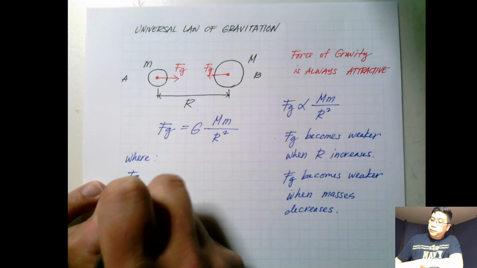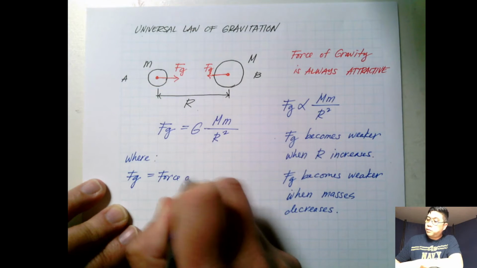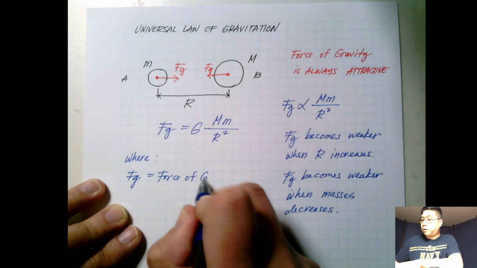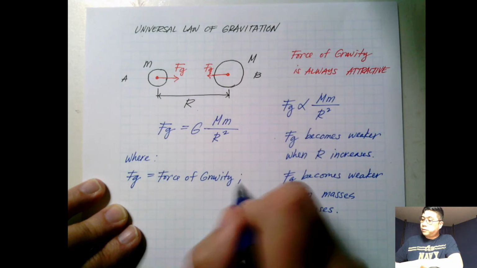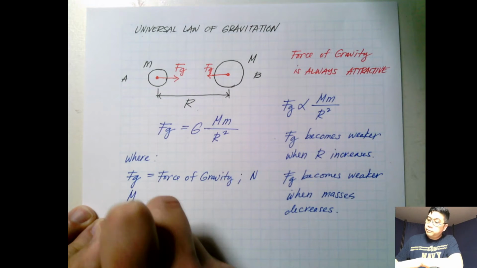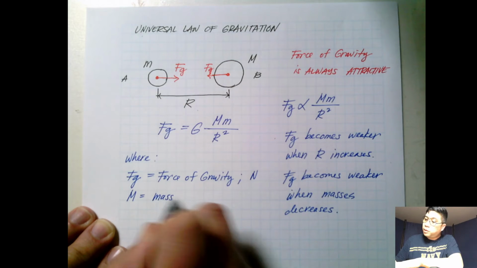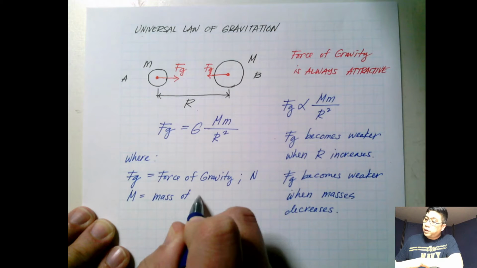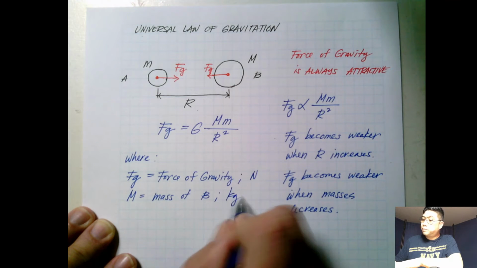Fg is your force of gravity, or gravitational force, and the unit for force of gravity is newtons. M is the mass of B, the bigger object, in kilograms.